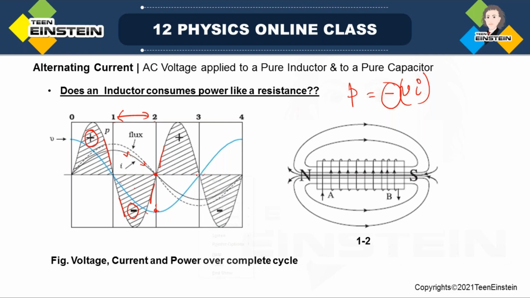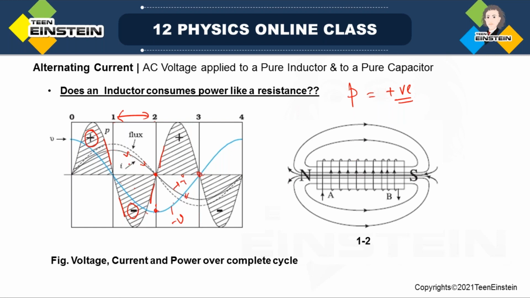So again, your voltage and current both are negative: this is your negative current and this is your negative voltage. If you multiply both negative, the multiplication will be overall positive. So that's why in 2 to 3 this quarter the power is again positive.